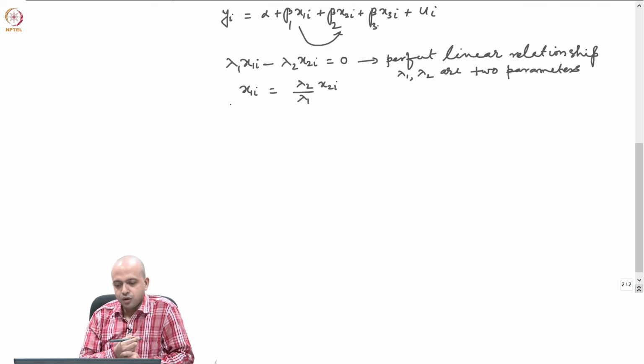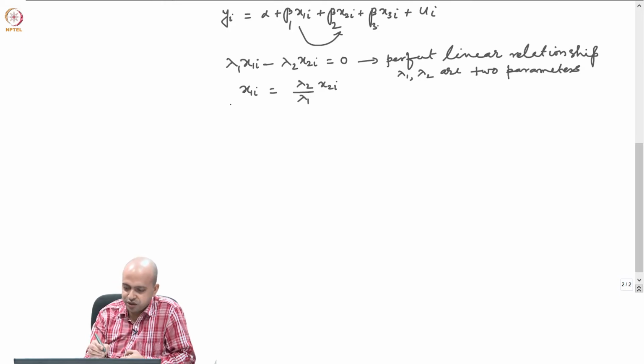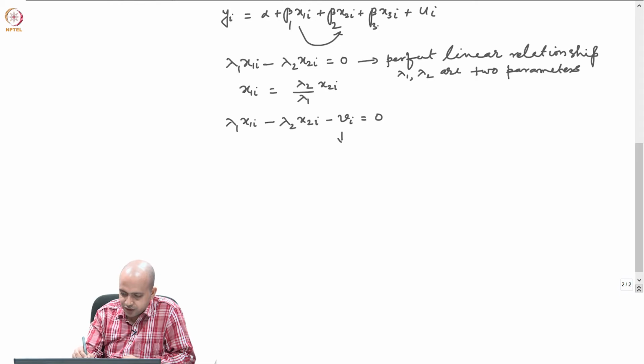This is called perfect linear relationship. But even though the relationship is not perfect, but quite high, then also there would be adverse consequences in your estimates. And how will you represent that near perfect relationship? Let us say that this is x1i minus lambda 2 x2i minus some vi equals 0, where vi is an error term.